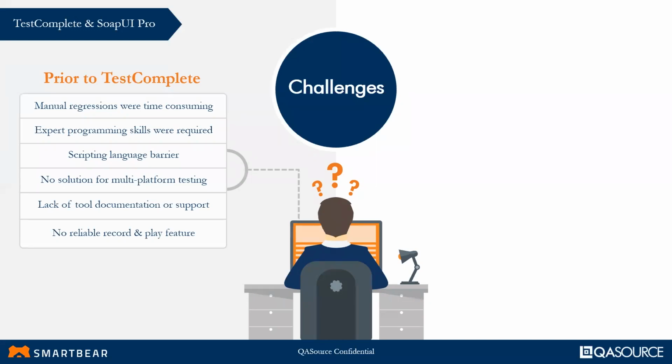And there were tools with record and play feature, but from a reliability standpoint, many of these tools failed in running the recorded scenarios on re-executions. So moving on, let us also take a look at some of the challenges we faced before adapting to SoapUI Pro.